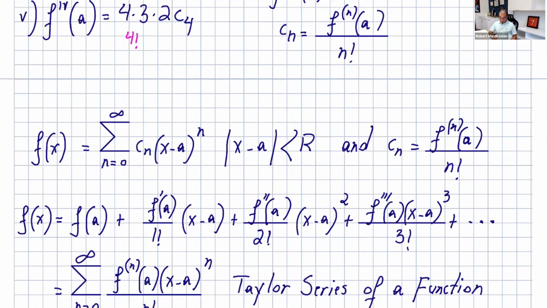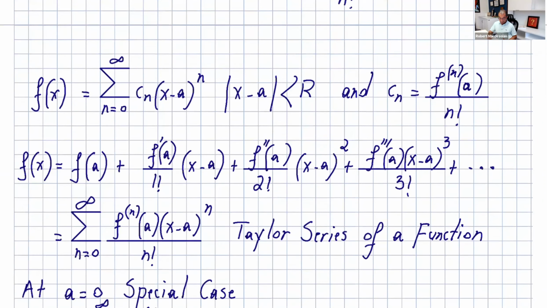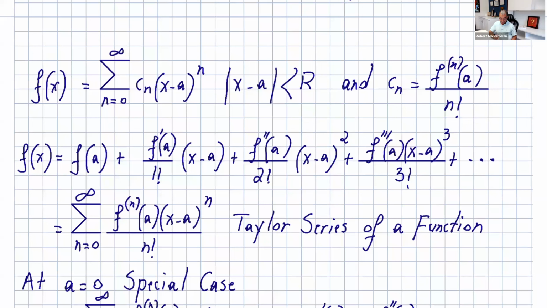Now, what is the conclusion? If you have a power series like that, then this cn can be substituted by the nth derivative of a divided by n factorial. So you can write f of x as f of a plus f prime of a divided by 1 factorial times (x minus a), f double prime of a divided by 2 factorial (x minus a) squared, and so on.